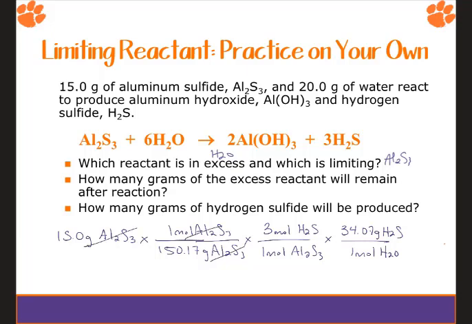Again, double check, everything cancels as it should. I wrote H2O here, but clearly I mean H2S. And then you just stop and solve. So if we round to 3 significant figures, as what we're provided in the question suggests that we do, we get about 10.2 grams of H2S produced from this reaction.